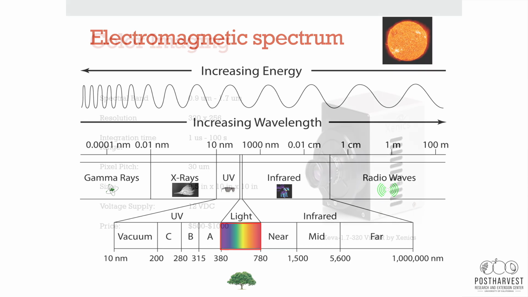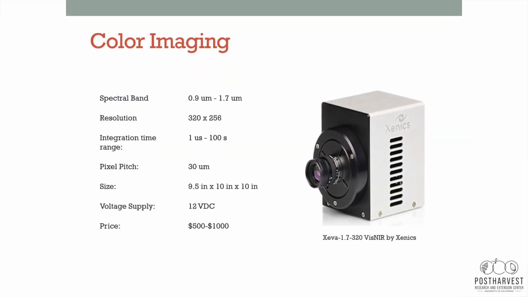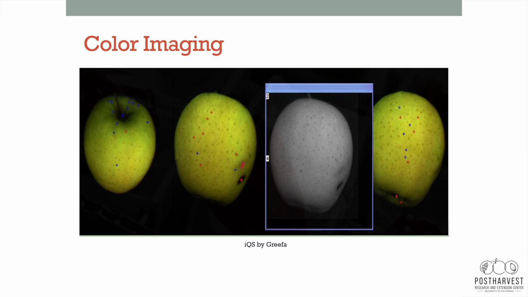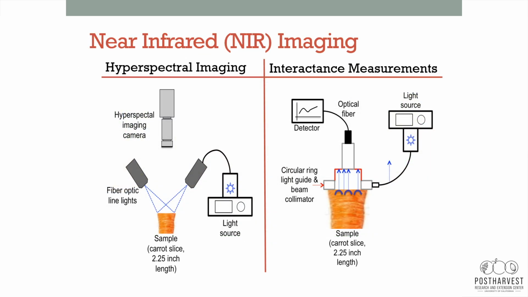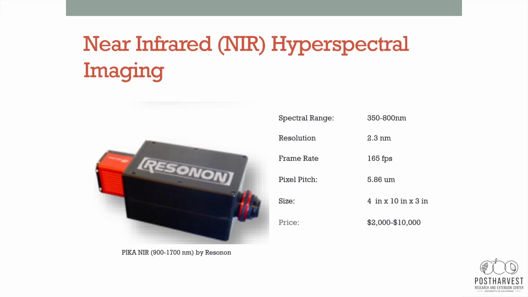That's when you use different color imaging techniques to detect surface changes automatically. Near-infrared imaging, or different spectrums of light, interacts differently with the produce to give different quality attributes. And there are near-infrared hyperspectral imaging systems that are online, of which one distributor is out here.